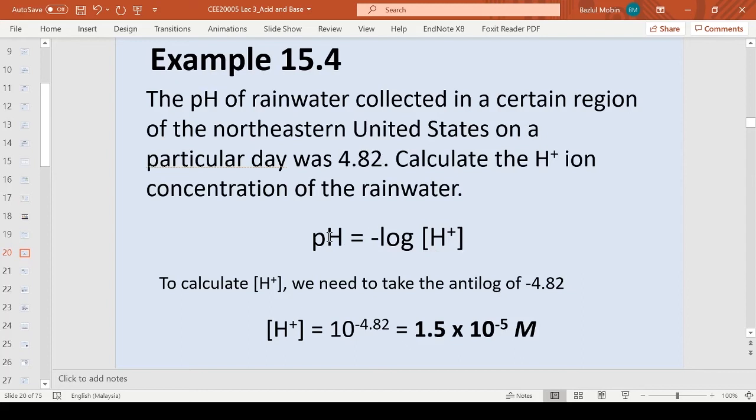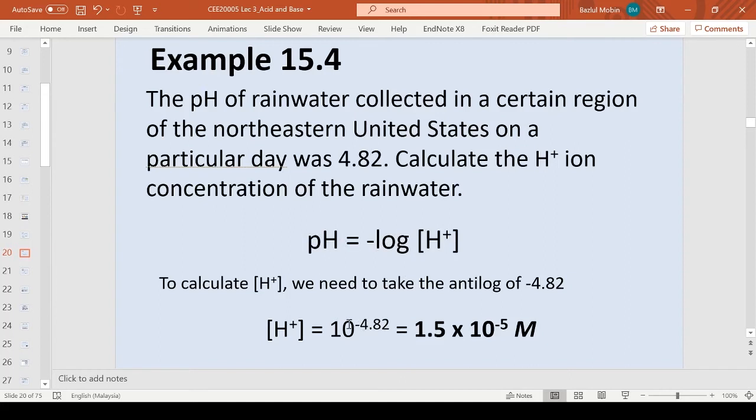In this equation we put the pH, 4.82, and of course we have to take the anti-log of this value, so that we can find the hydrogen ion concentration.